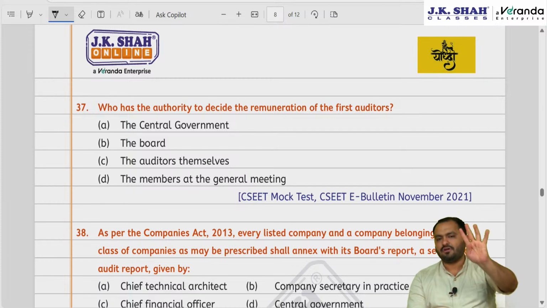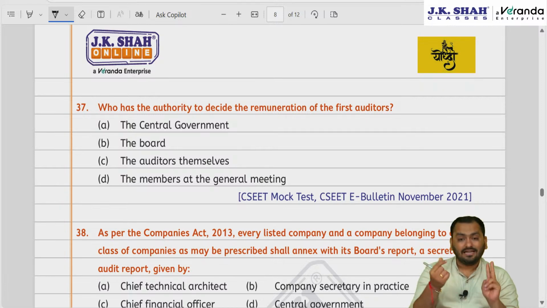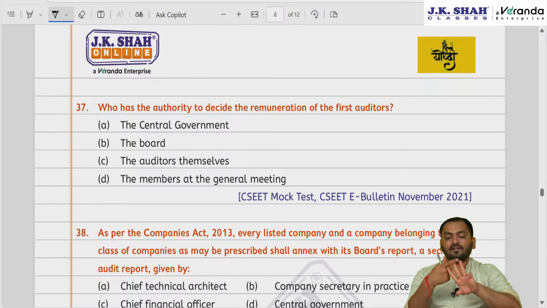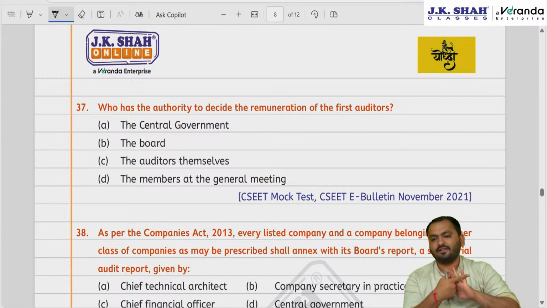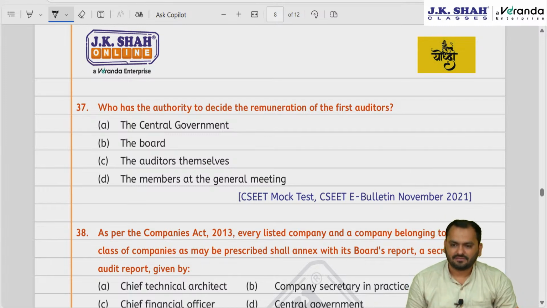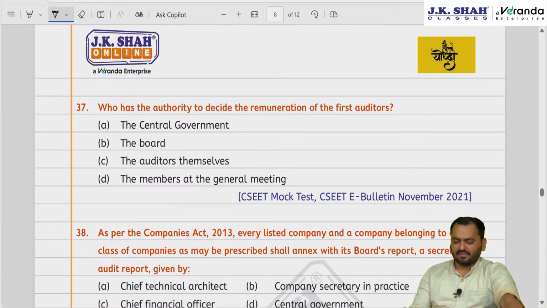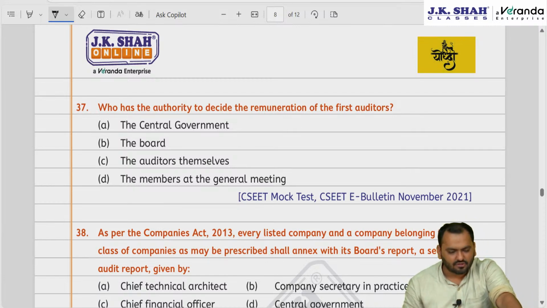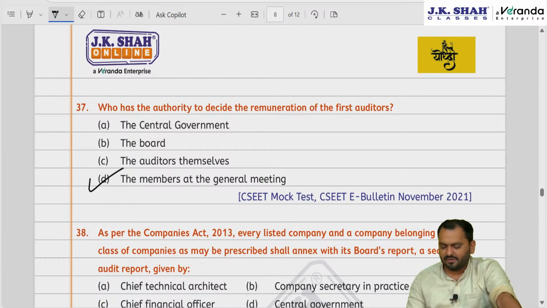There are 4 types of activities considered ordinary business: first, appointment of director; second, appointment of auditor and their remuneration; third, adoption of financial statements; and lastly, declaration of dividend. So who decides the remuneration of the first auditor? The answer is the members at a general meeting, as this is ordinary business of the company.